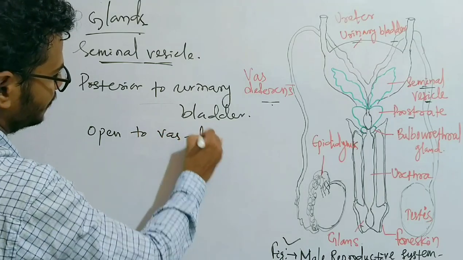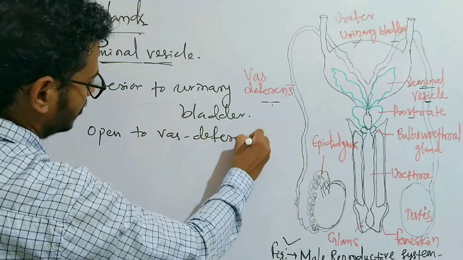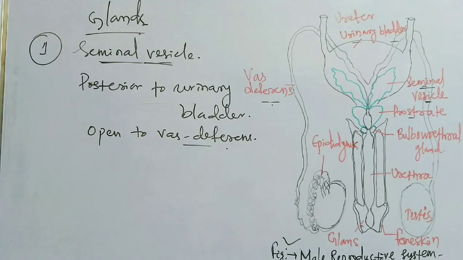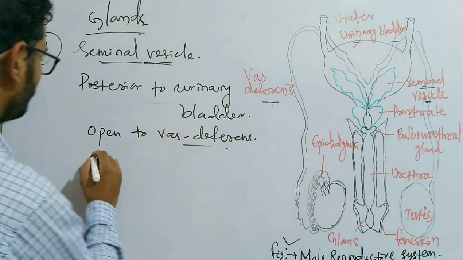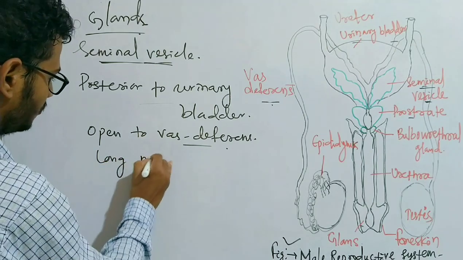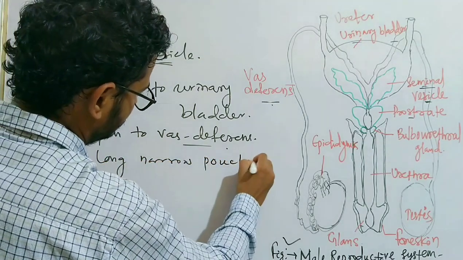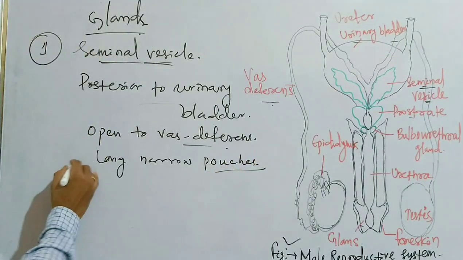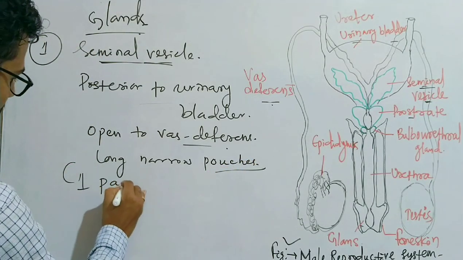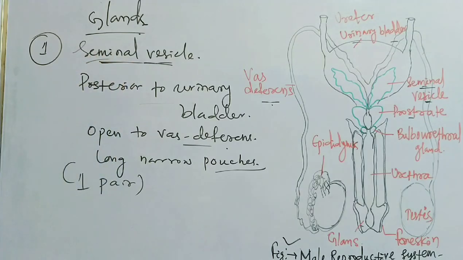These are long, narrow pouches. They are present in pairs, so one pair of seminal vesicles is present.